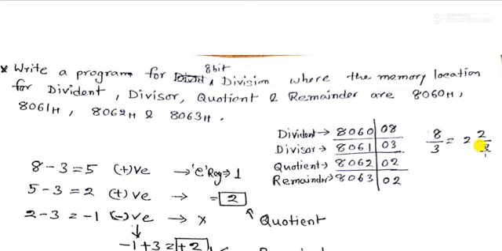That means like addition or subtraction, there is no division instruction. So we have to perform the division by a repeated subtraction process. We all know the basic way to perform division using subtraction.